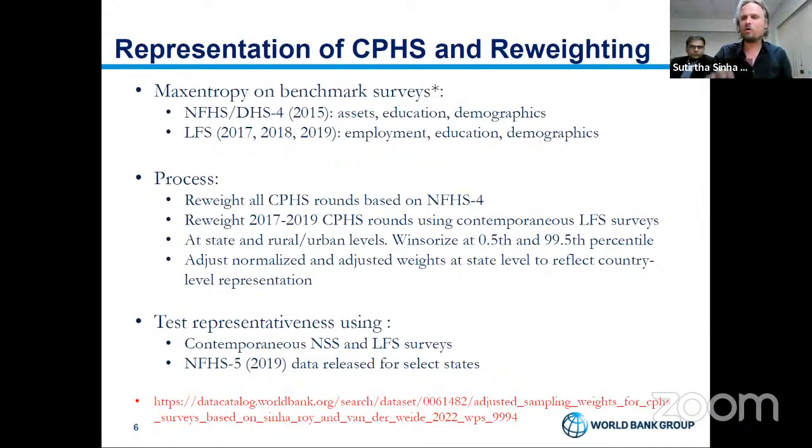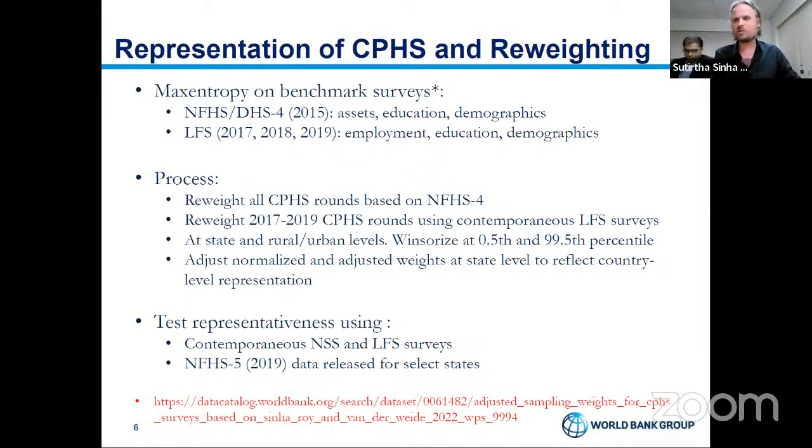We deliberately hold out some data and some benchmark variables to validate the reweighting exercise. So using our selection of benchmark variables, we make adjustments to the sampling weights, targeting statistics at the state/urban-rural level.